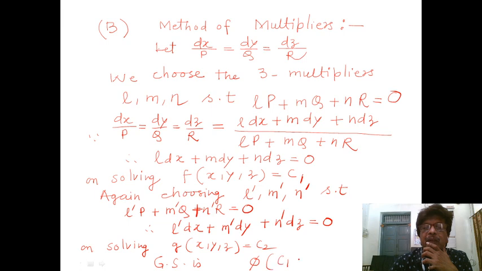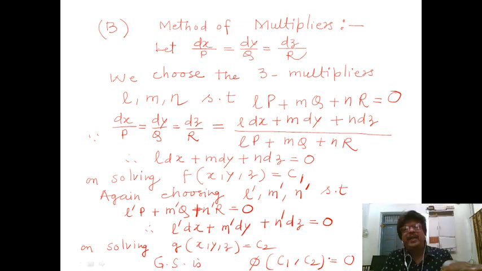Method is exactly same. Just in this case you have to choose the two different sets of multipliers. Each set is of three multipliers, L dash, M dash, N dash, or L1, M1, N1, whatever you say.